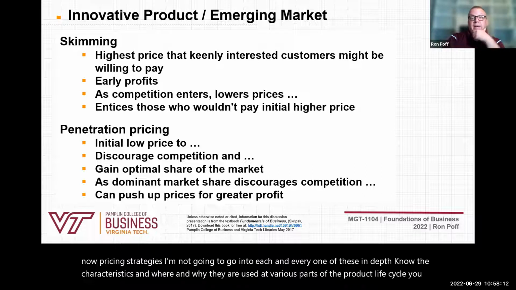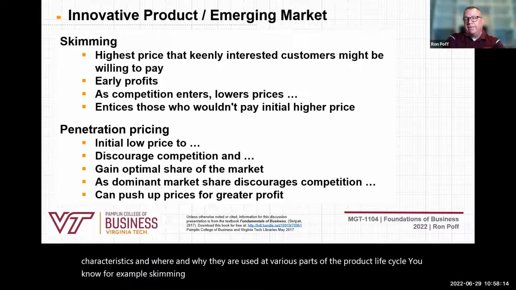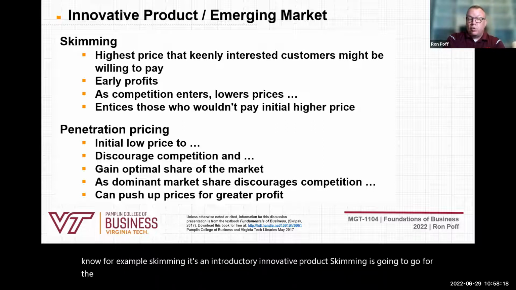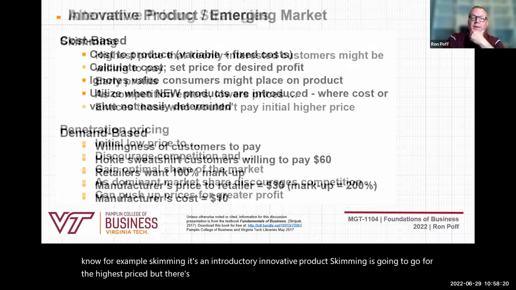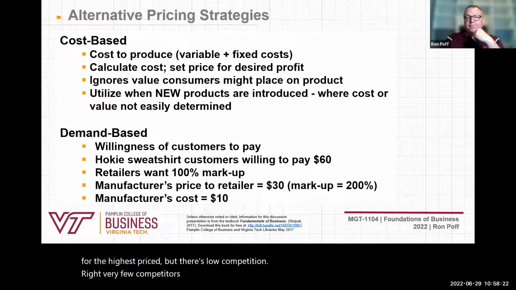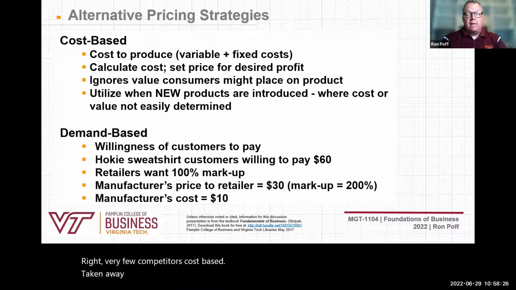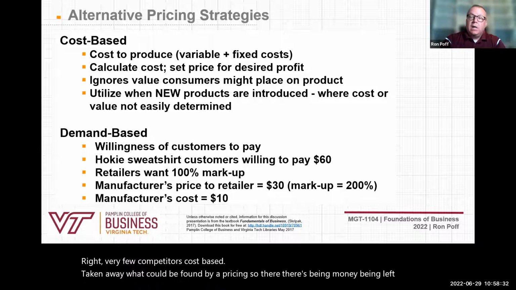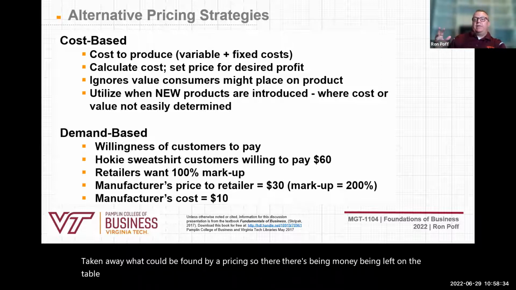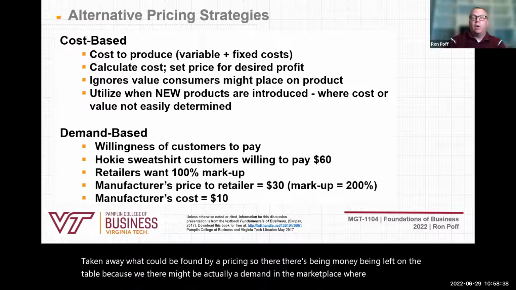For example, skimming, it's an introductory, innovative product. Skimming is going to go for the highest price, but there's low competition, right? Very few competitors. Cost-based, taking away what could be found by a pricing. So there's money being left on the table because there might be actually a demand in the marketplace where consumers will actually pay more.